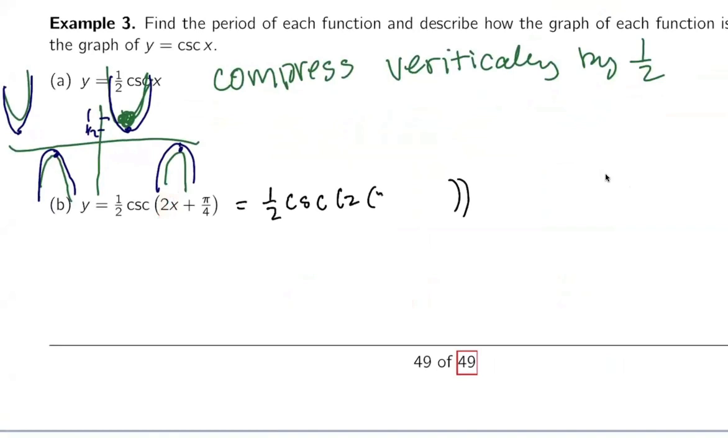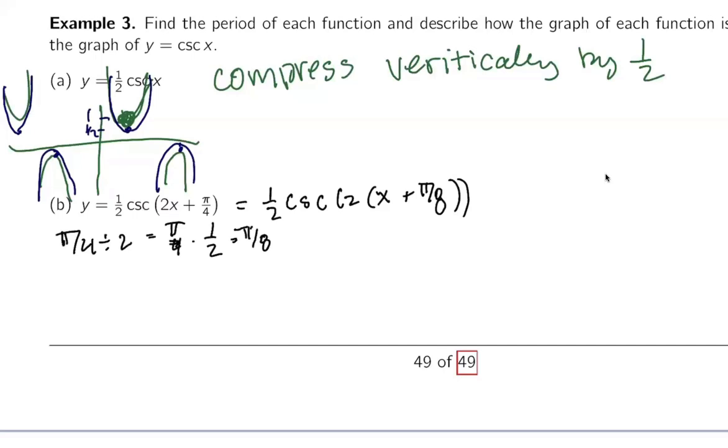So if I factor this 2, I pull an x out. And it's maybe hard to think about factoring out a 2 from pi over 4, but really what we're doing is we're doing pi over 4 divided by 2, and that's the number that's going to go right here. That's pi over 4 times 1/2, because dividing is the same thing as multiplying by the reciprocal. So that's really pi over 8.